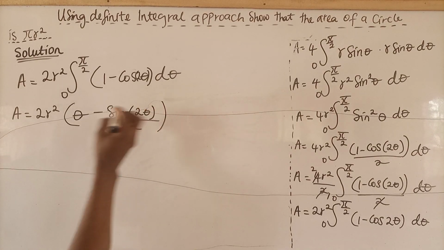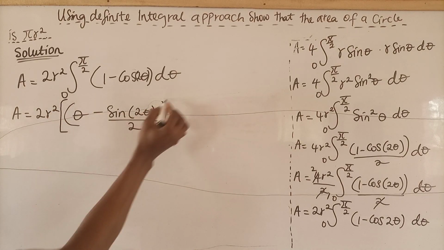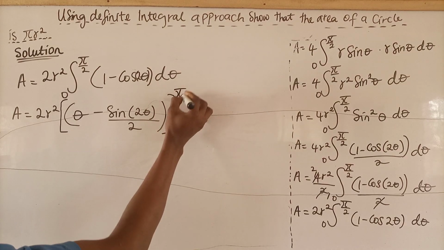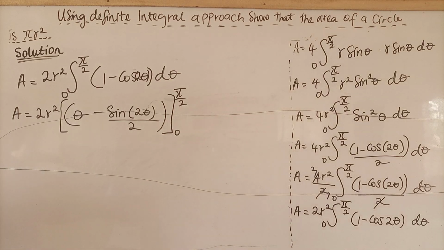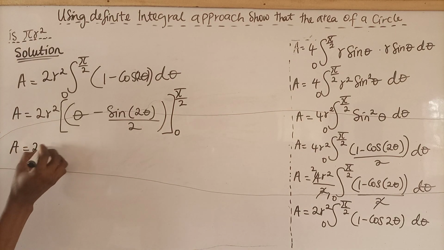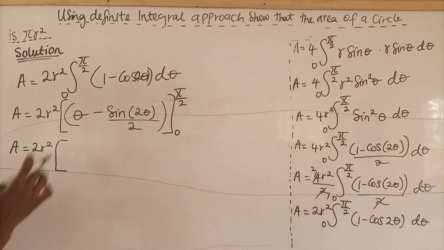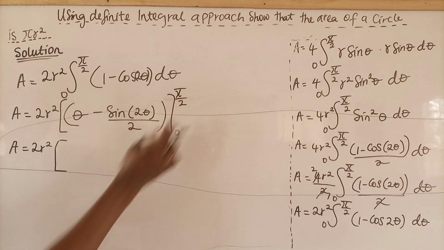We are going to write our boundary, that's the limit from 0 to pi all over 2. So area is equal to 2r squared bracket. Anywhere we see theta, we put pi over 2.